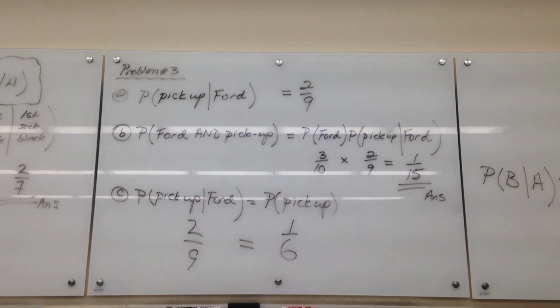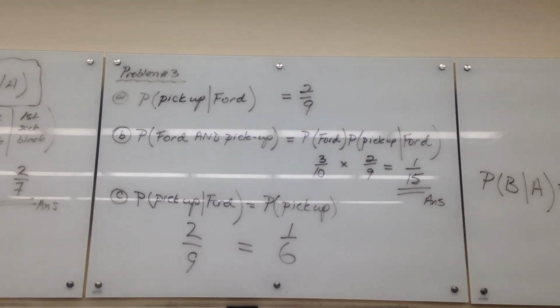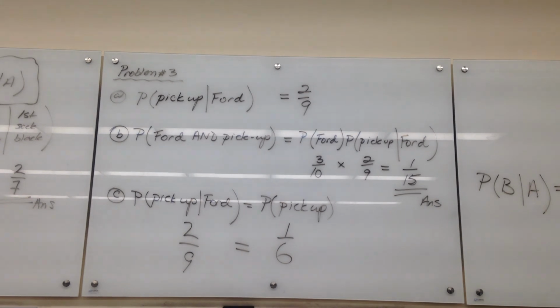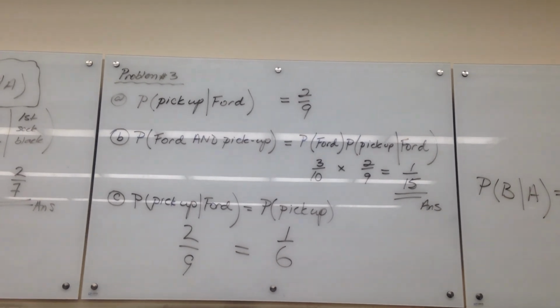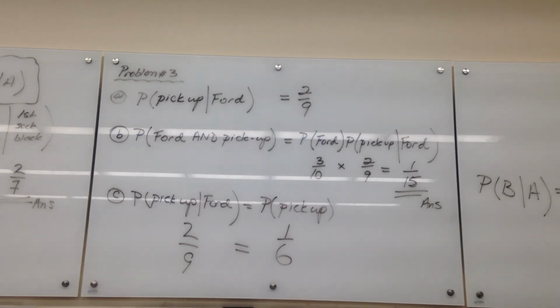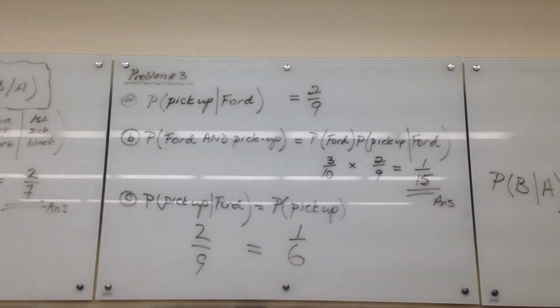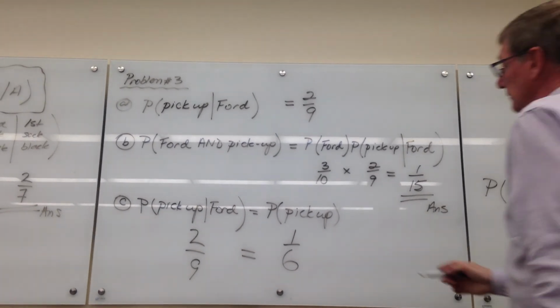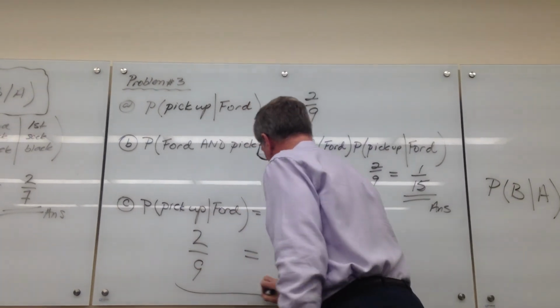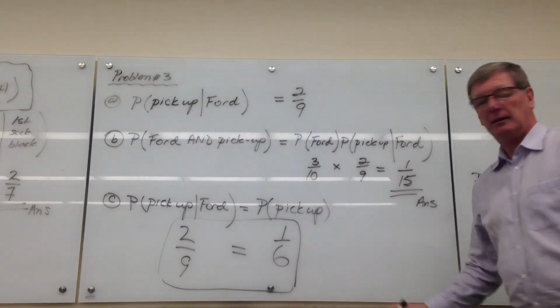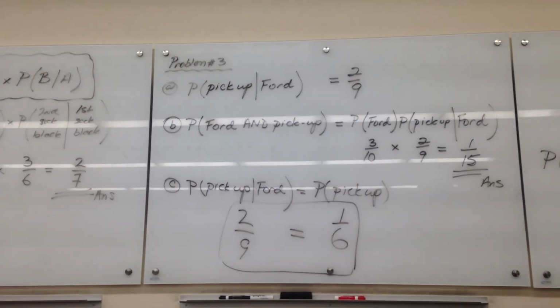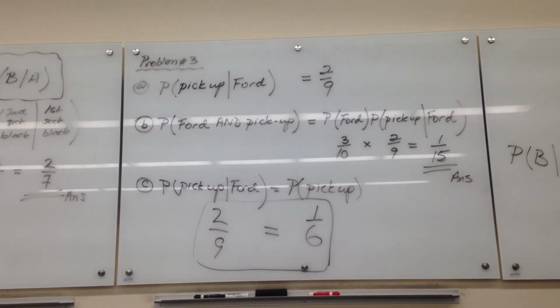Now, that's what independence would mean, right? Independence would mean that the probability of buying one of these pickup trucks is independent of brand. Now, just common sense says that that's not true, and these numbers are not equal. And the arithmetic shows that they are not independent.